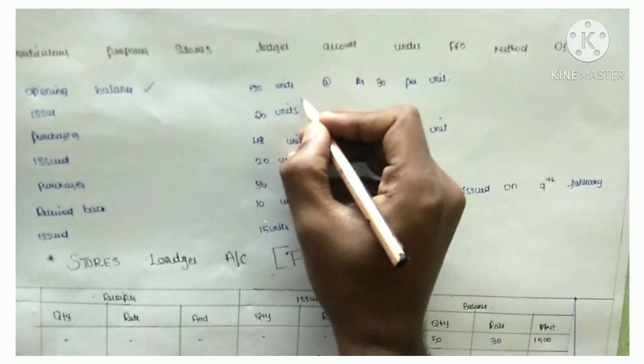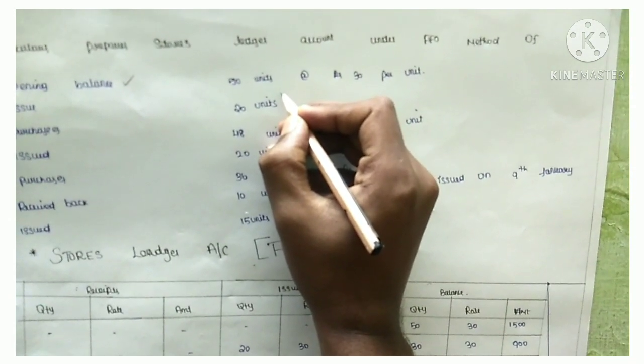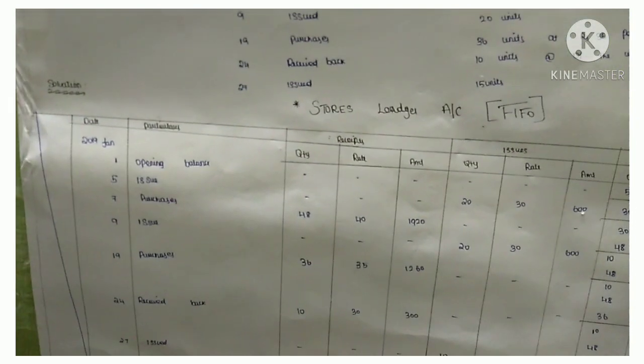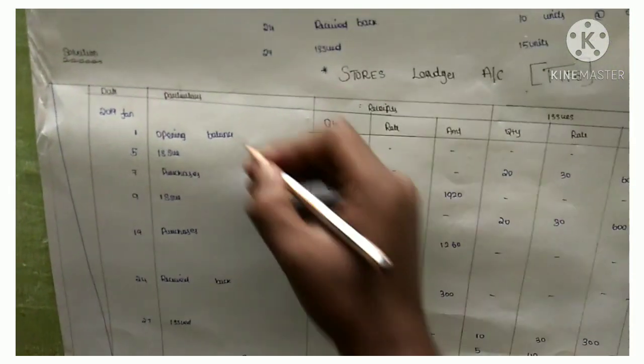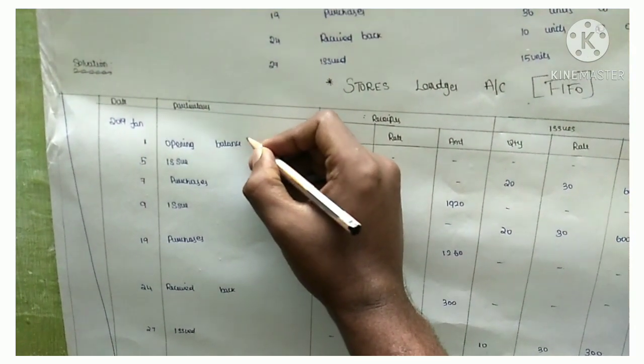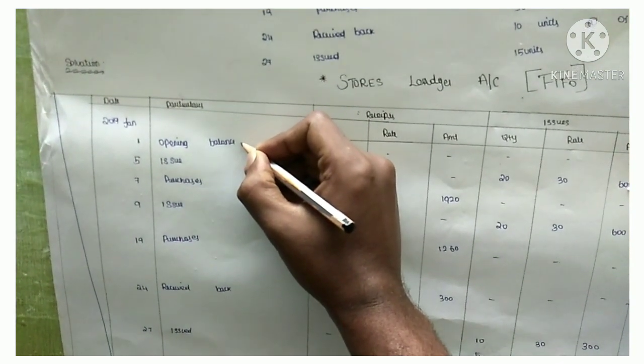What is the first transaction? Opening balance of 50 units at rupees 30 per unit. Make the entry in particulars, 2019 Jan 1.